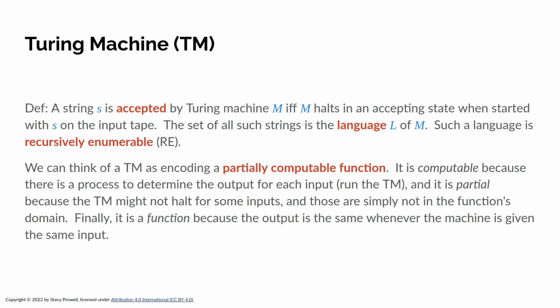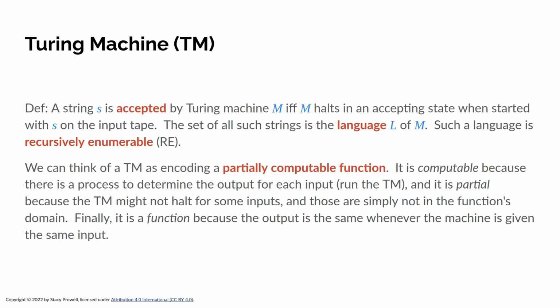It's going to look at the tape, look at its current state, move to a new state, write something to the tape potentially, and it's going to run. And when it halts, if it halts, it'll either be in an accepting state or not, and it might not halt. What if it doesn't halt? Well, then that string isn't in the domain of the Turing machine, and it's a partial function.